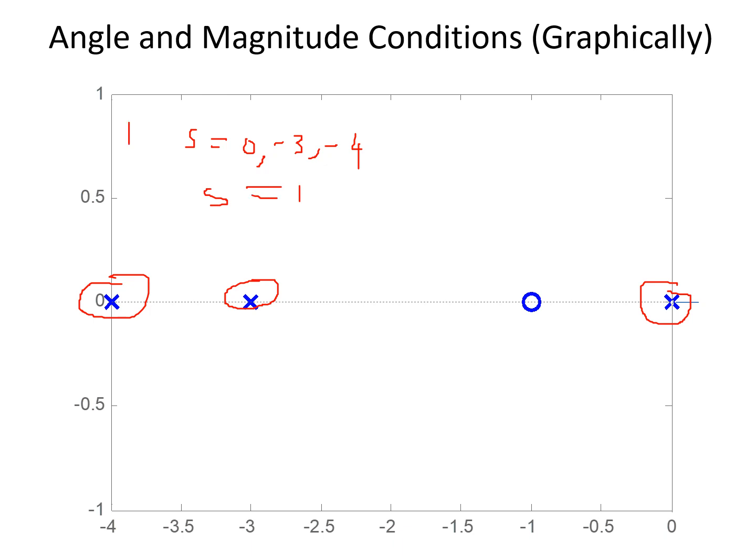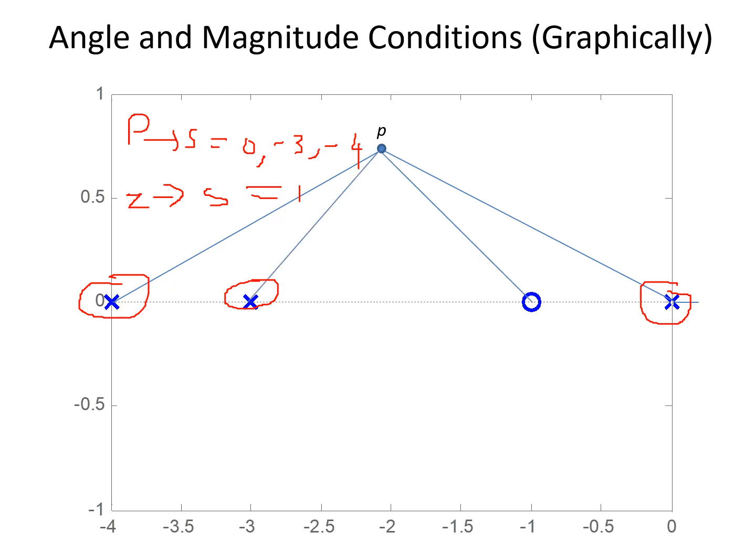These are our poles, which I am representing as P, and these are our zeros, which I am representing by Z. Now we are just joining all the poles and zeros.